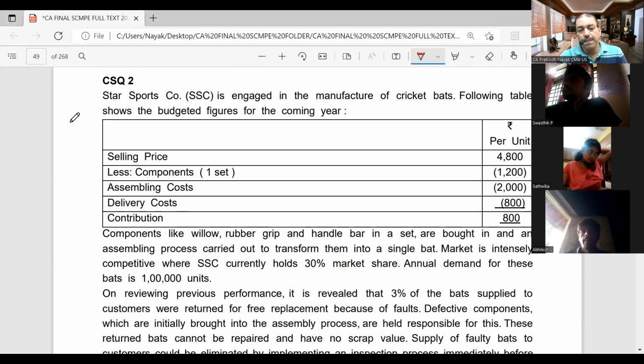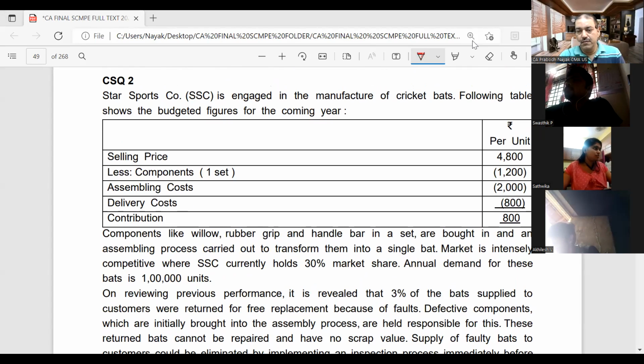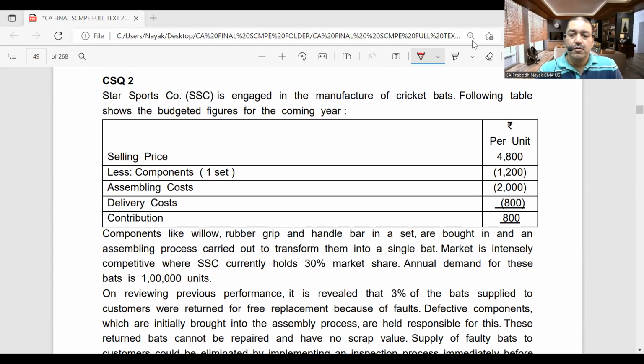Star Sports Company is engaged in the manufacture of cricket bats. Following table shows the budgeted figures for the coming year. Selling price per unit is given, less components, one set, 1200. Assembling cost 2000. Delivery cost is 800. Contribution 800.